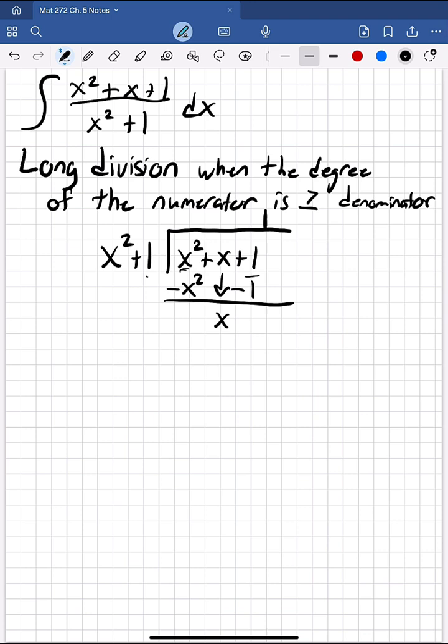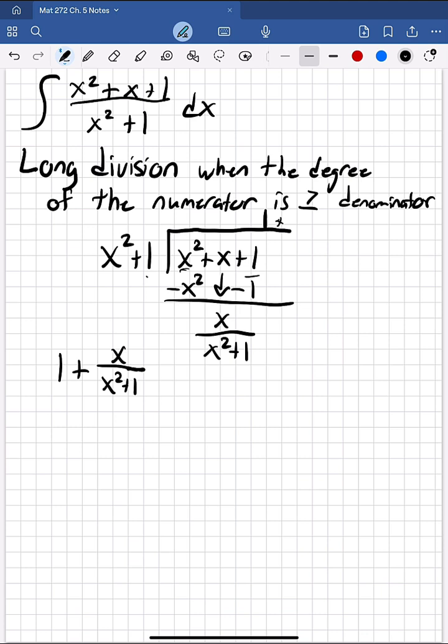But I have the remainder of 1 times x squared plus 1. Okay, so now I can't divide x by x squared plus 1. Okay, but I still have to accumulate this 1. So what I'm really saying is I have 1 plus x over x squared plus 1.